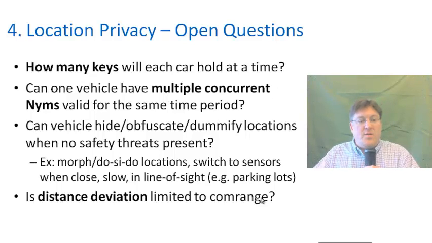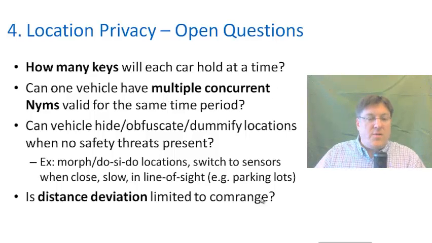Instead of just going silent, actually broadcast a false message. And then the other thing about location privacy we mentioned before is how far are the fake cars from the real car? How far are the decoys from the target? The farther the distance, the better the privacy.